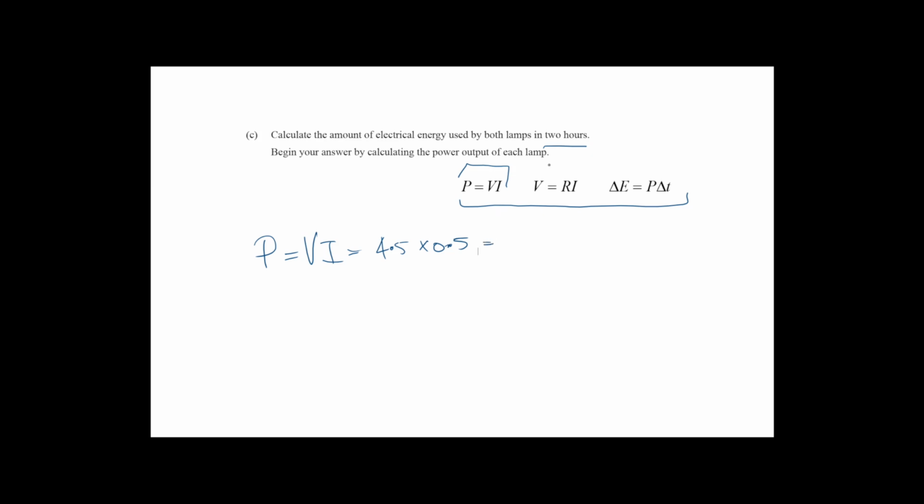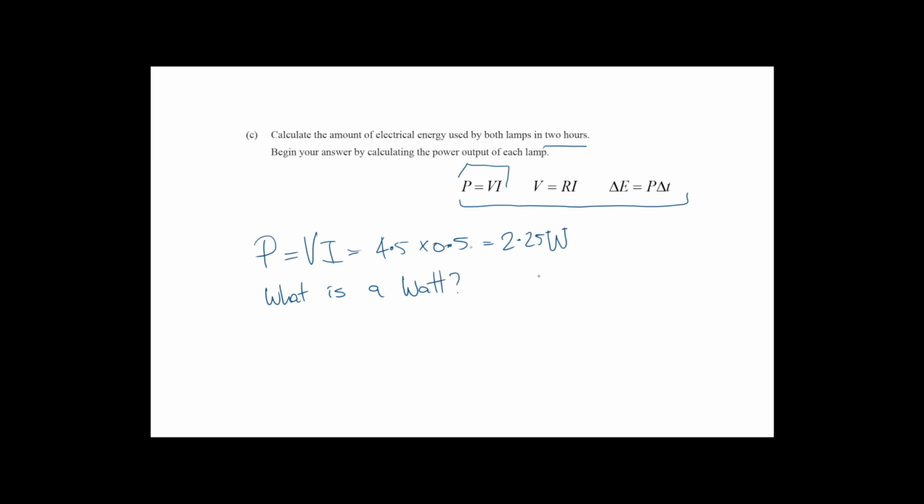which is 2.25. It's power, so it's 2.25 watts. I tend to do a little line there so I can tell that it's watts and not W. But what is a watt?